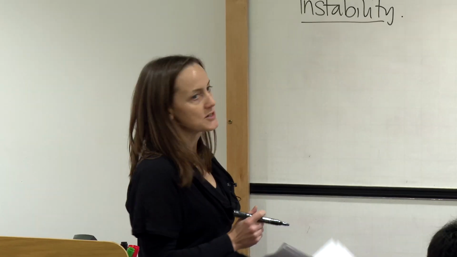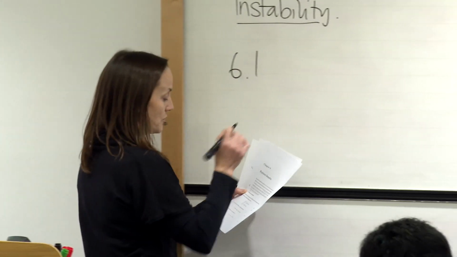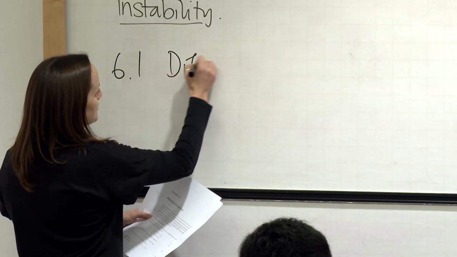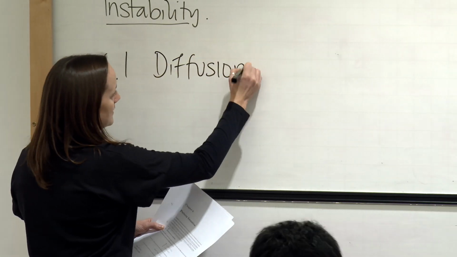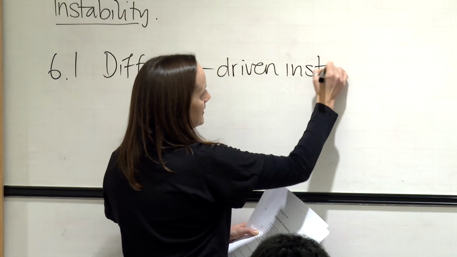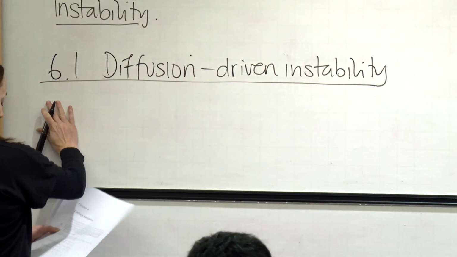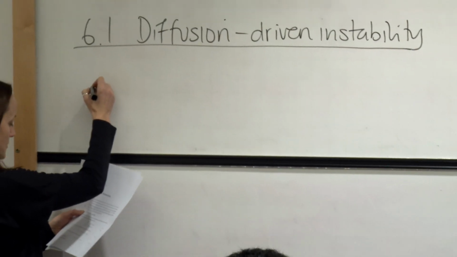Okay, all right, so what is the system of equations? We're going to work with a two-species model. I think I called it 6.1 in my notes. So diffusion-driven instability: we've got a two-species model.